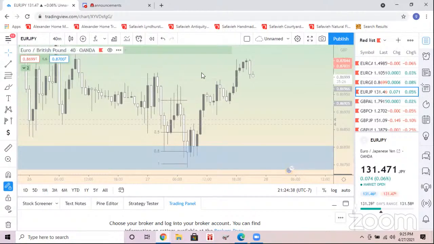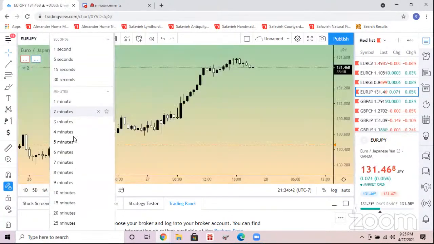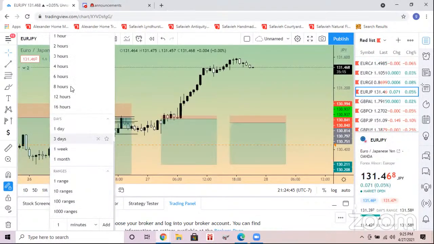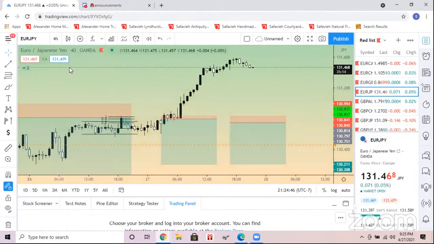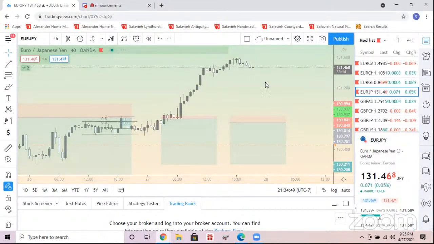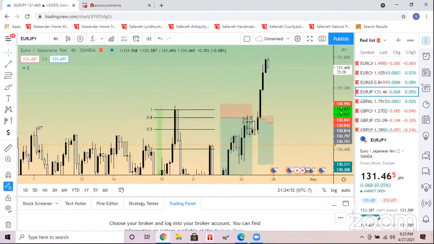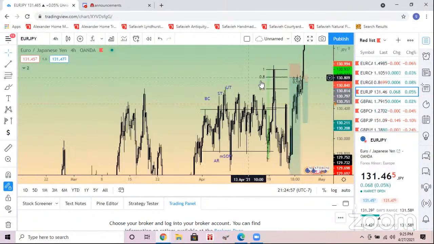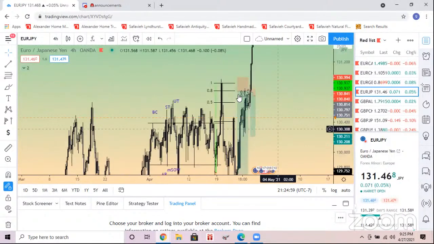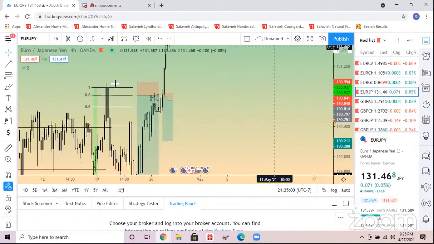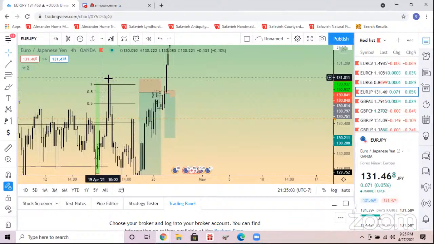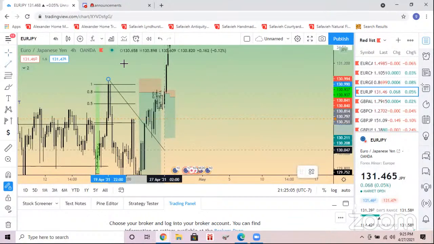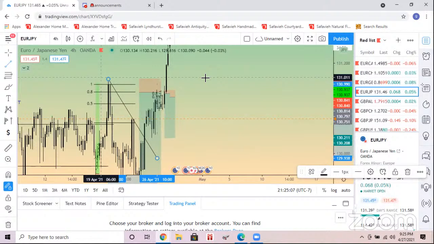Euro JPY. Yep. Beautiful. So we got this distribution, but as you can see, it failed. We got a creek and a breaker structure.